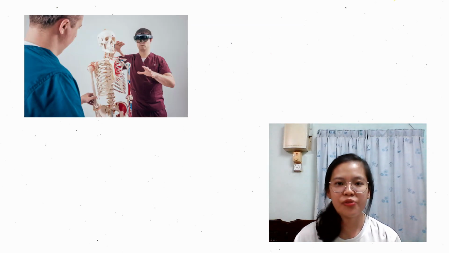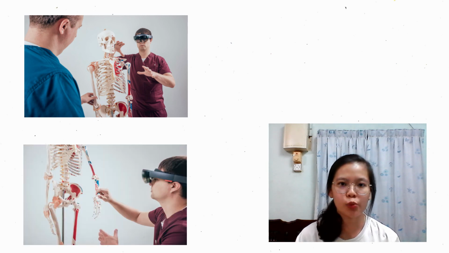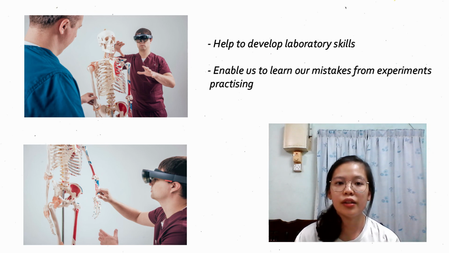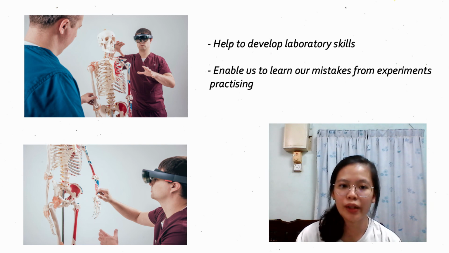So, we can conclude that a virtual lab is a really powerful software that enables us to perform experiments without any limits on time and place. Through more practice on a virtual lab, it can help us develop our laboratory skills, and it also enables us to learn from our mistakes over 100,000 times of experiment practice.